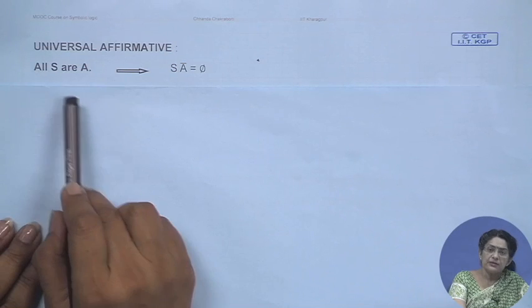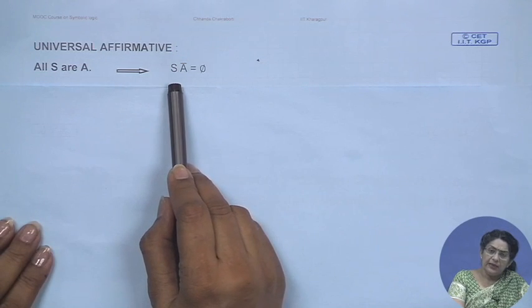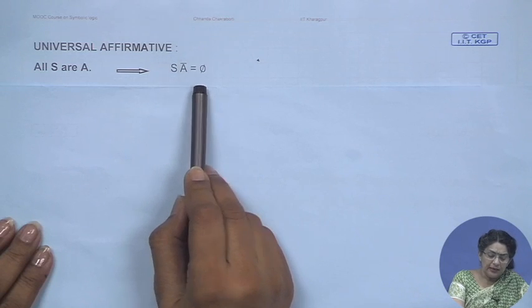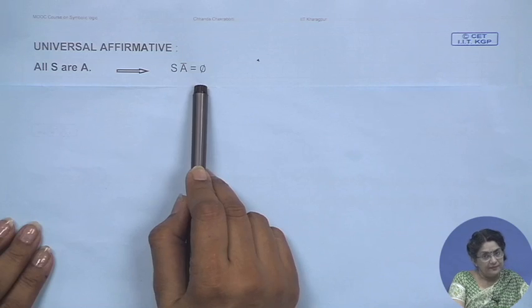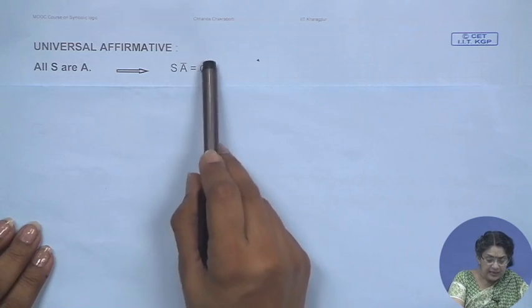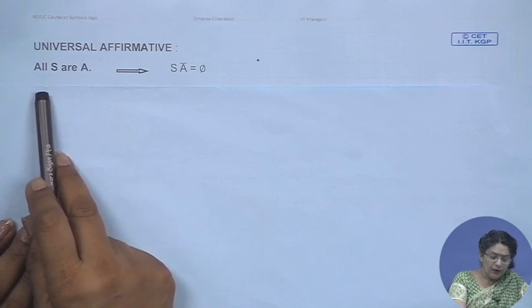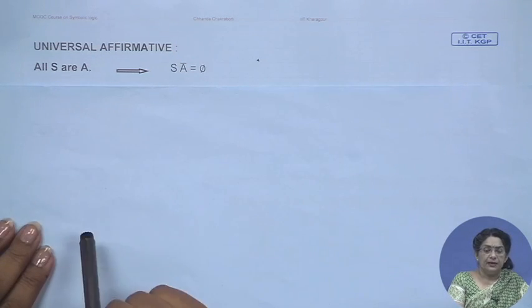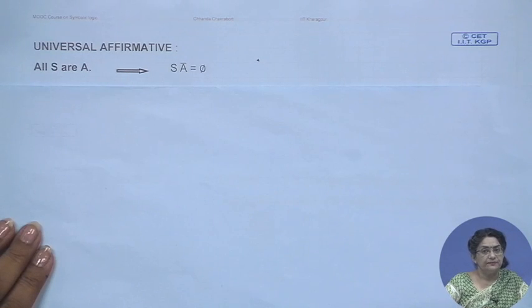There is no S that is not A. In other words, something that is S and not A, that area is empty, right? The empty class sign, you understand that? So, that is what you mean. All of S is A. So, S A bar, that area has to be empty.